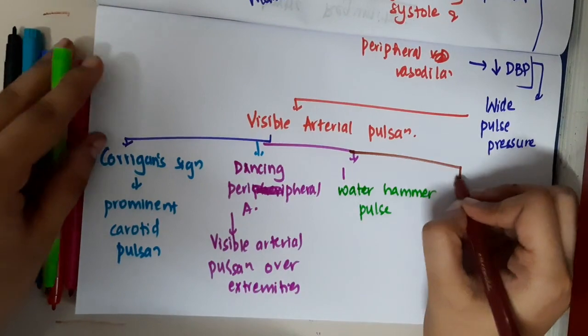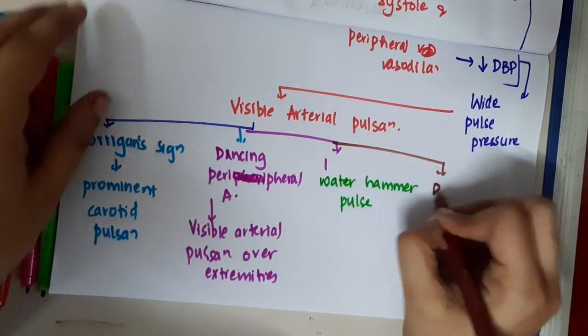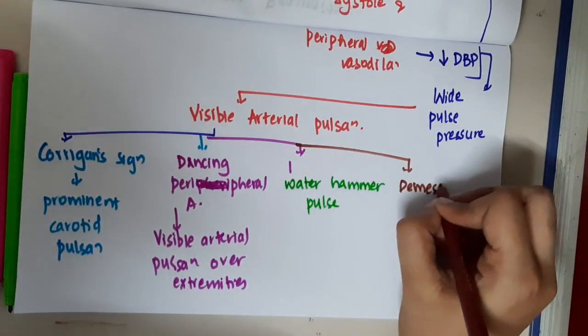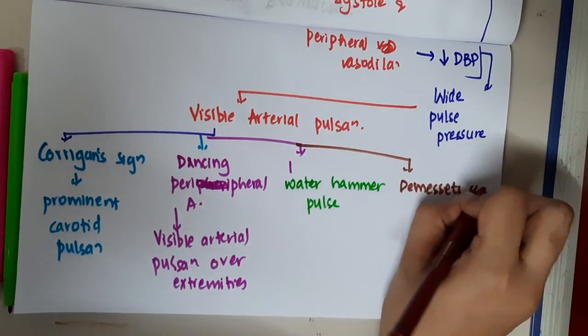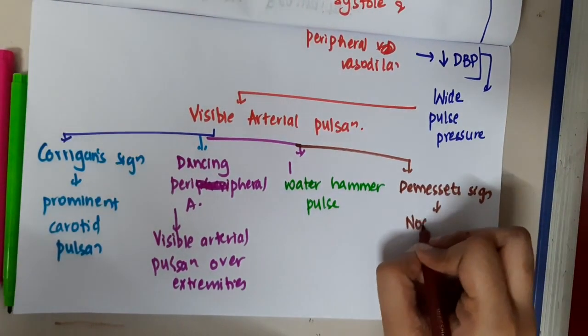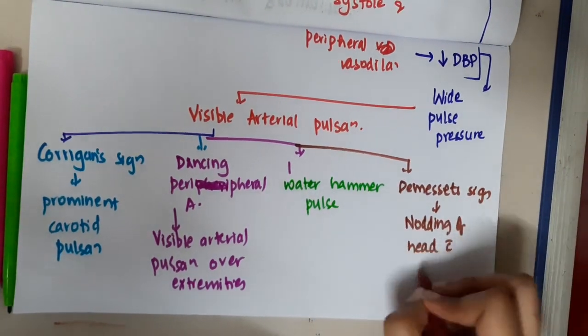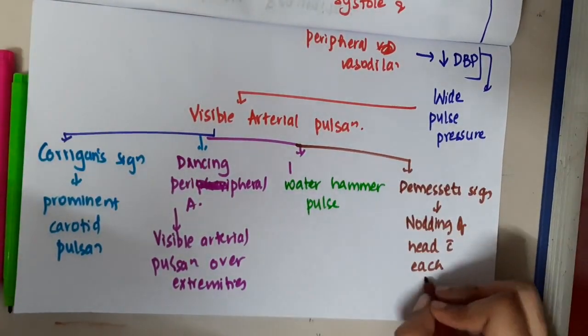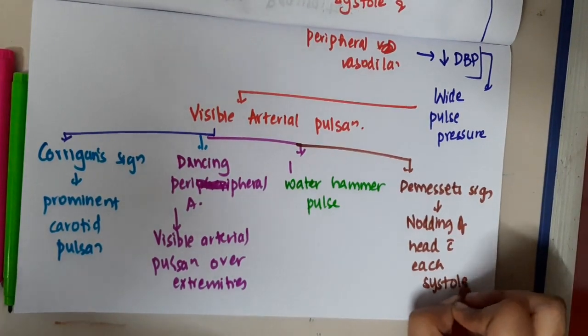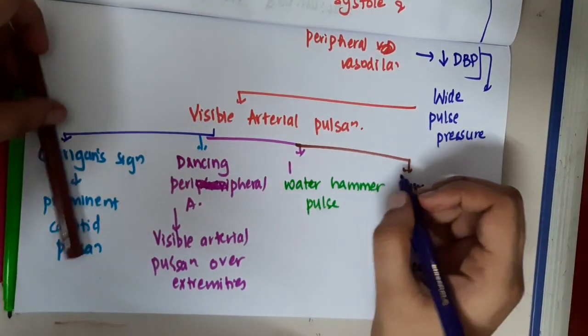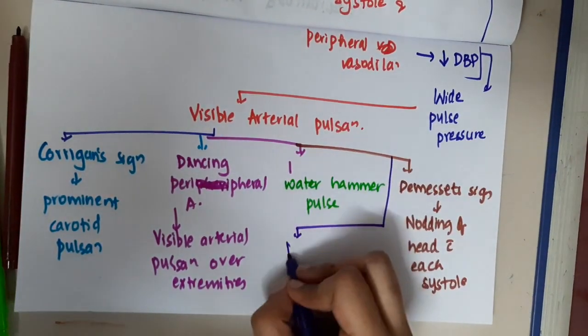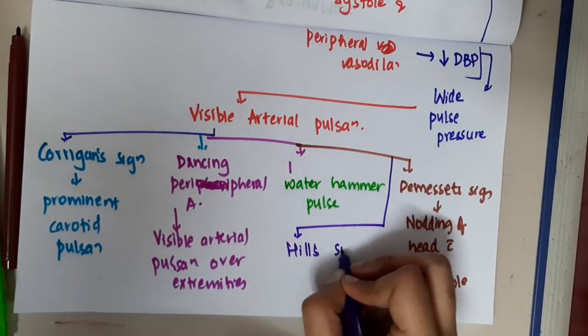Then you will see one more sign, which is called De Musset's sign. What is De Musset's sign? Here the patient will nod the head with each systole, because of the wide arterial pressure. Then there is one more sign, which is called Hill's sign.